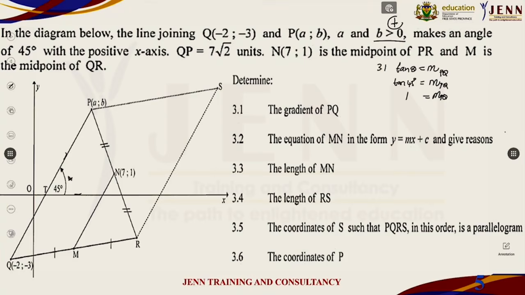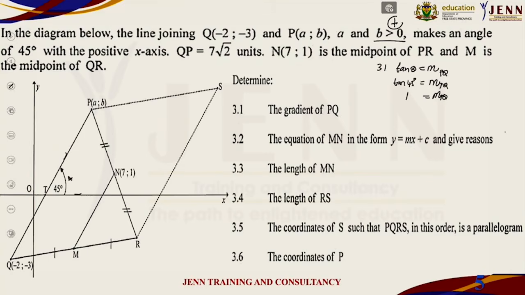Then the following questions. 3.2, determine the equation of MN in the form y equals mx plus c and give reasons. 3.3, determine the length of MN. 3.4, determine the length of RS. 3.5, determine the coordinates of S such that PQRS in this order is a parallelogram.